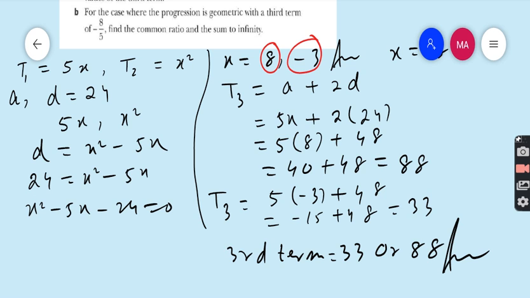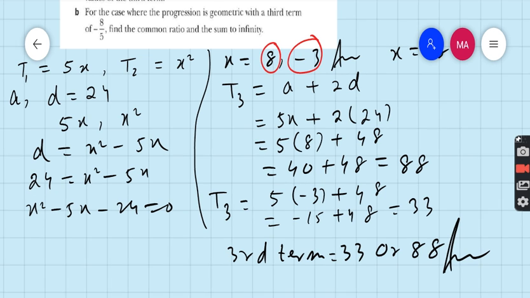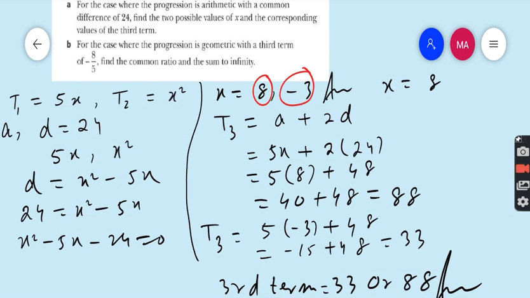Now move to part B. What is part B? For the case where the progression is geometric with a third term of minus 8 upon 5, find the common ratio and the sum to infinity.